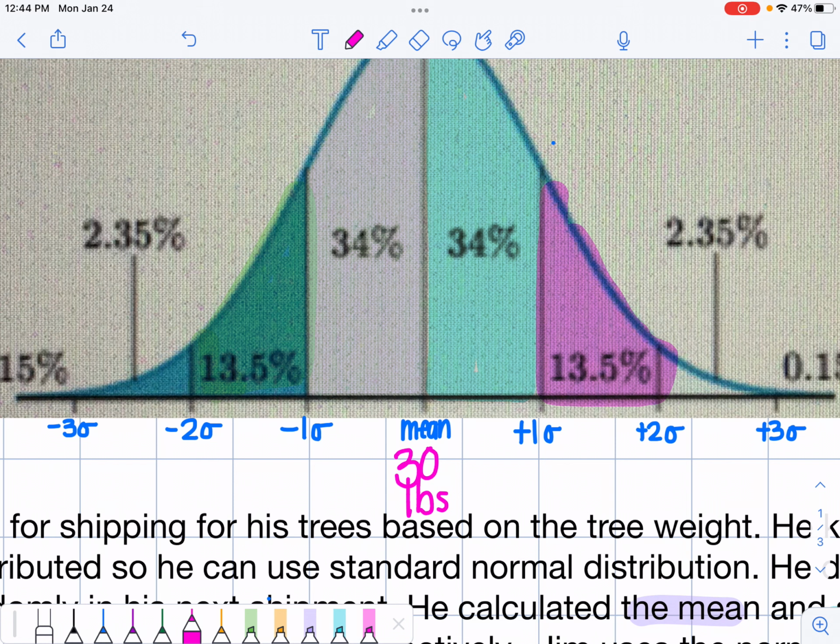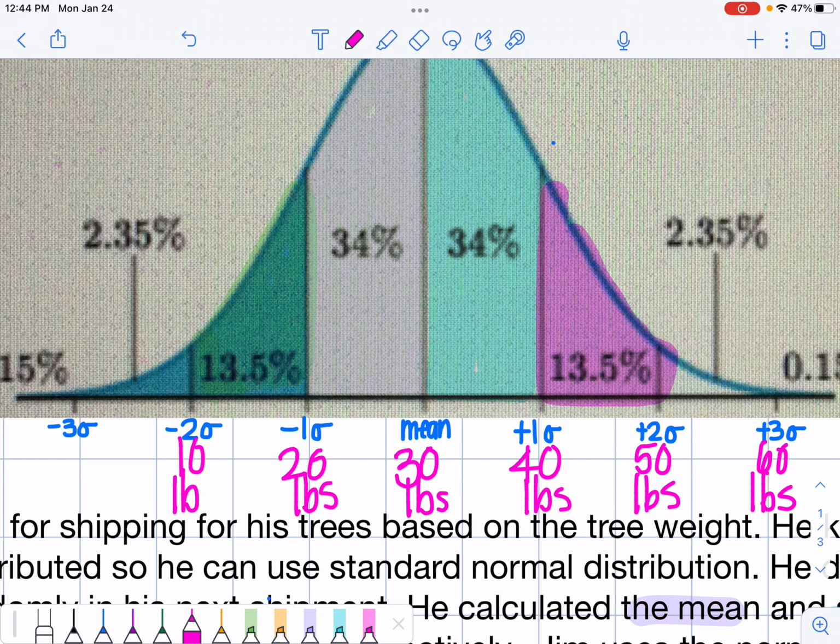If I move up 1 standard deviation, I have to move up 10. So here would be 40 pounds, here would be 50 pounds, and here would be 60 pounds. One standard deviation below the mean, I'm going to subtract 10. So this is going to be 20 pounds, this is going to be 10 pounds, and this would be 0 pounds.